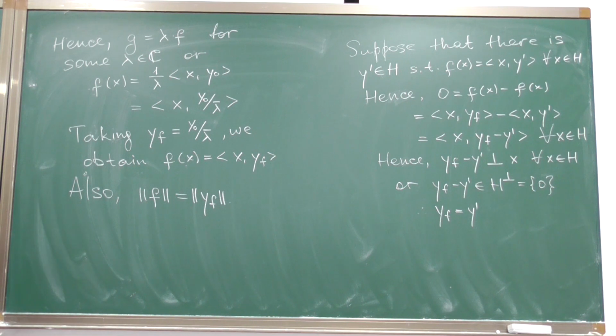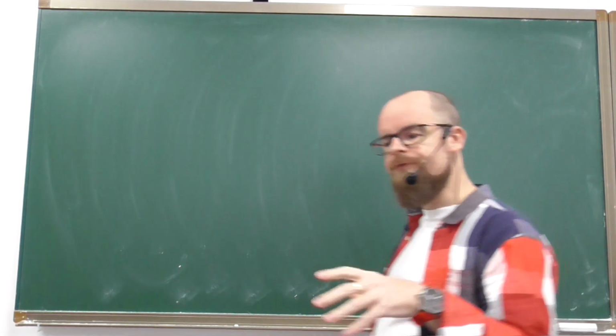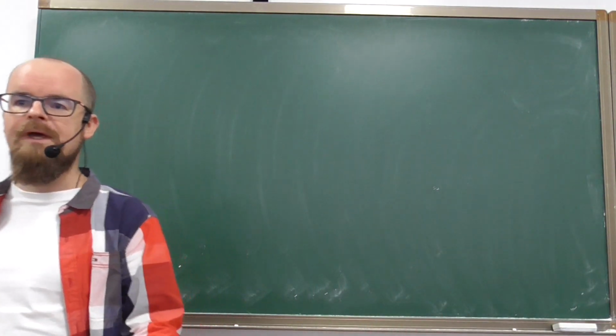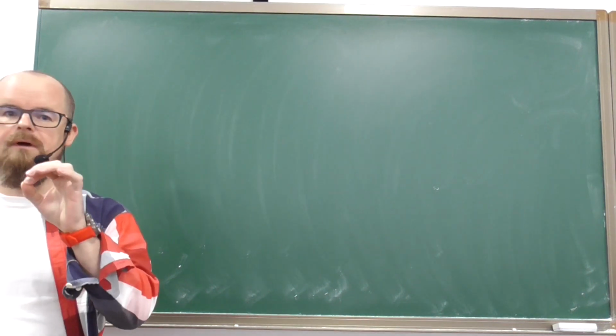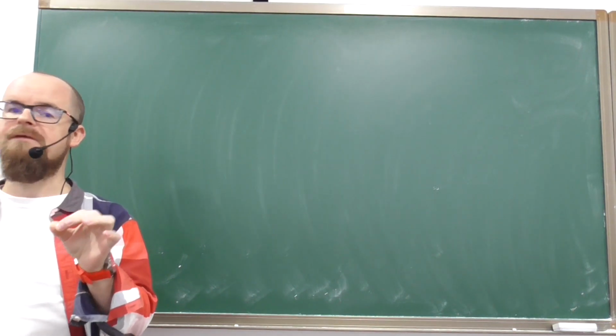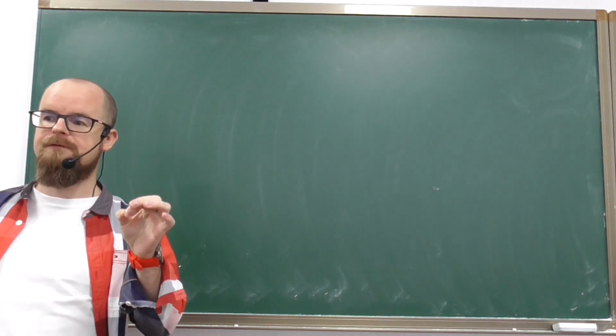This result is not very difficult to prove, although it's fairly interesting. It proves that any linear functional on a Hilbert space is generated by the inner product. But it has even stronger consequences. In this Riesz representation theorem, we have constructed a one-to-one correspondence between bounded linear functionals on the Hilbert space and elements of the Hilbert space.